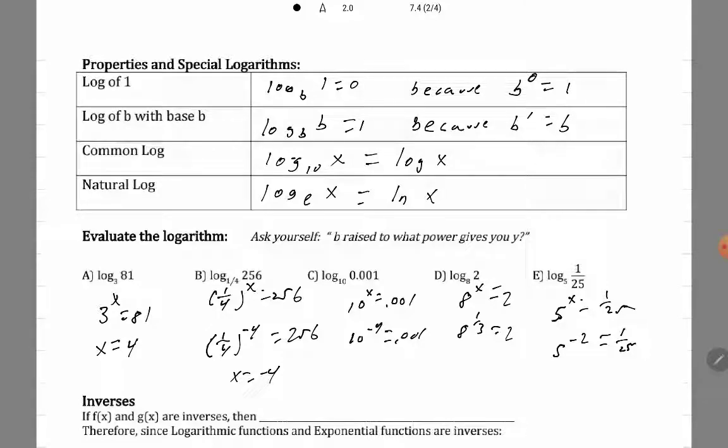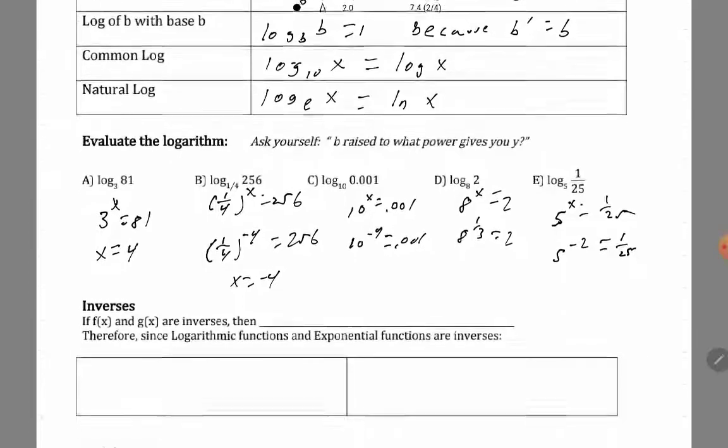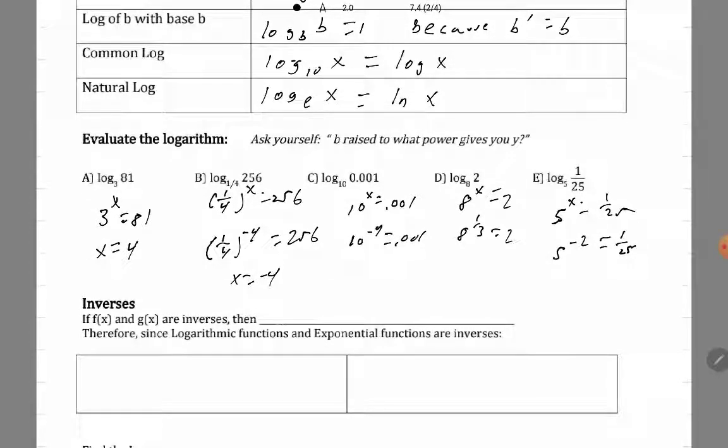Next, inverses. If f and g are inverses, then f composed with g of x is equal to x, and g of f of x equals x.